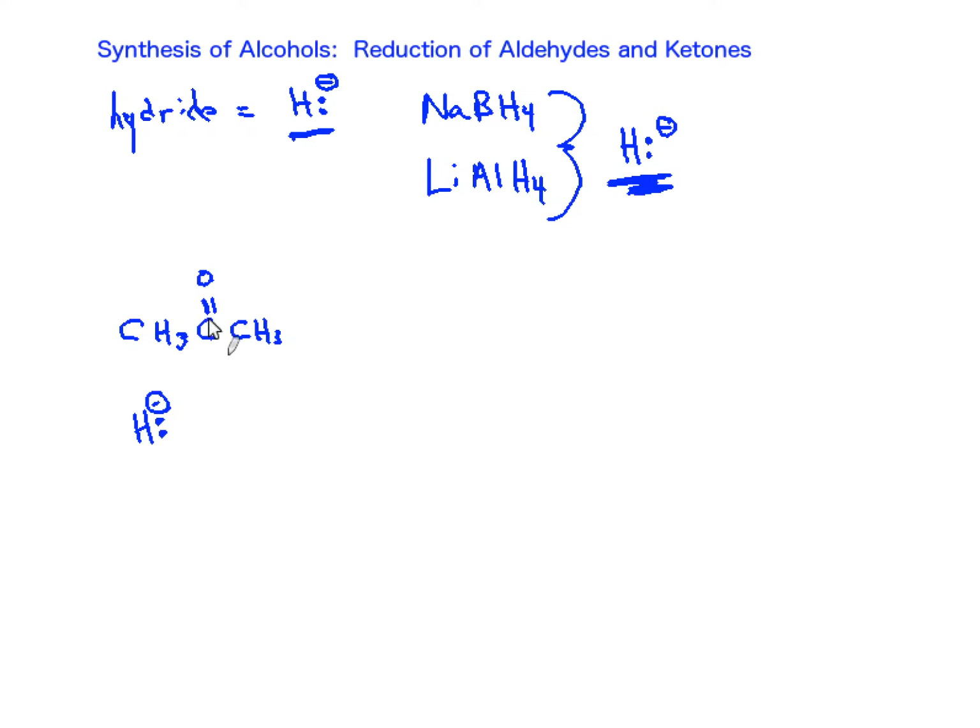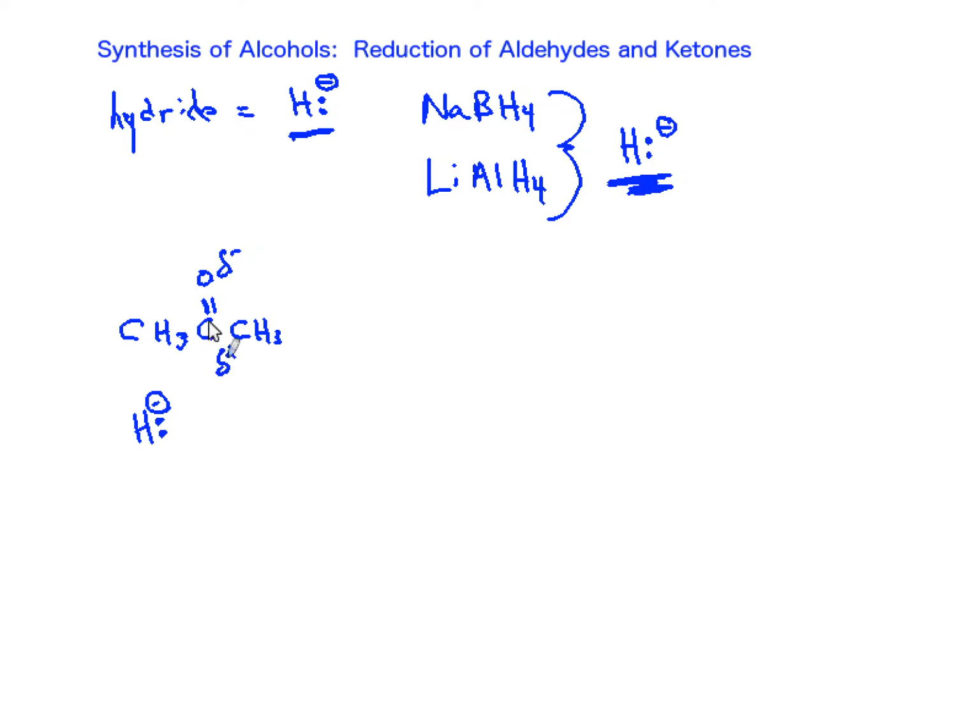Well, we've got this carbon-oxygen double bond, and one of the hallmark things of organic chemistry is whenever you see a carbonyl group like this, you need to think in your head that the electronegative oxygen is going to be pulling electron density away from the carbon.